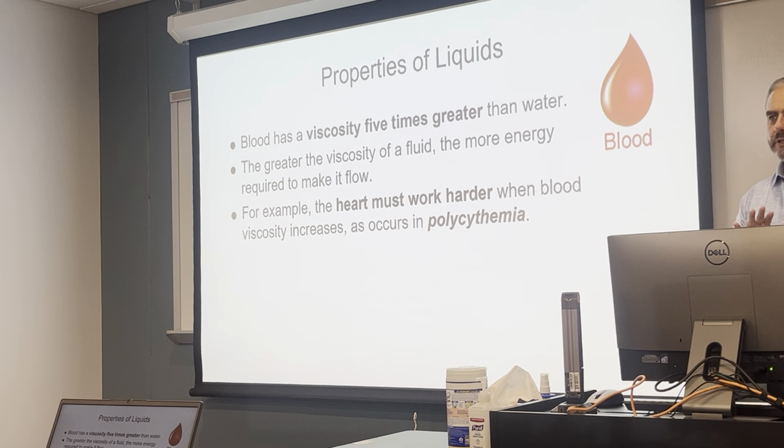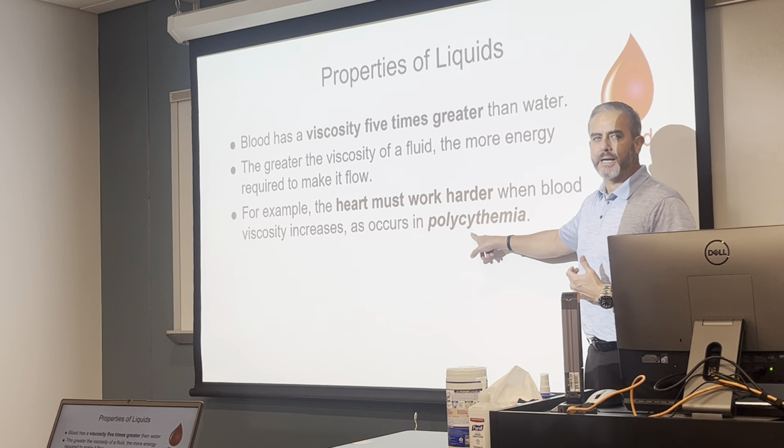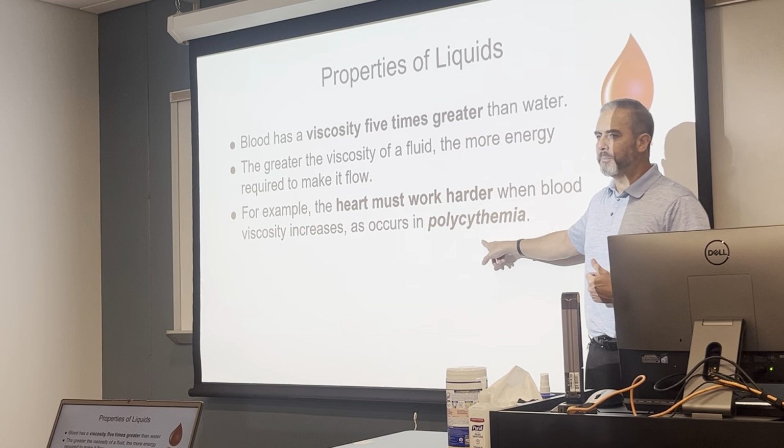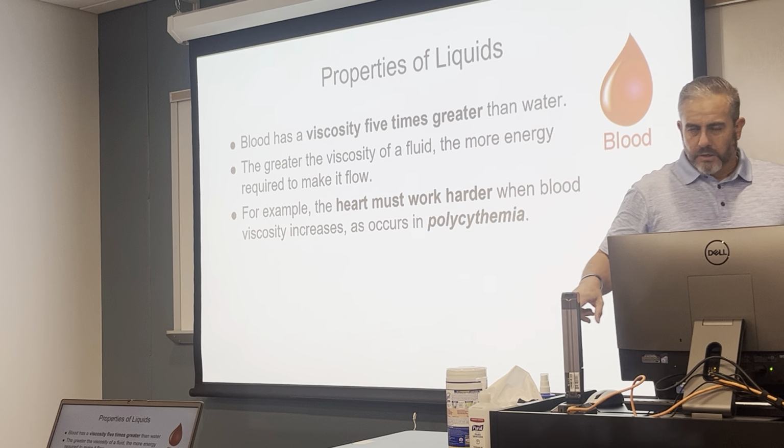Now, certain conditions, certain disease states perhaps, can cause our blood to be a little bit thicker than normal. I'm using a term here that we might not have mentioned before: polycythemia. Anybody know what the term polycythemia means? It's like a greater amount of blood cells.